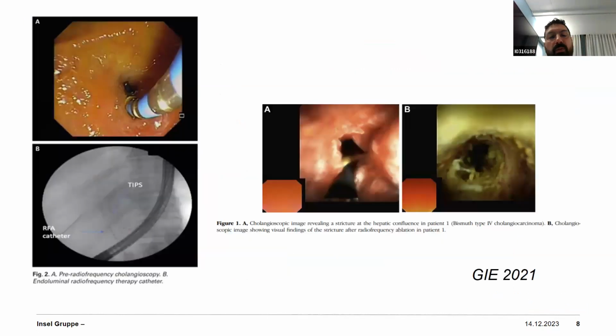Another technique we also use is endoscopic RFA during colonoscopy for stricture in the bile duct in a palliative setting.